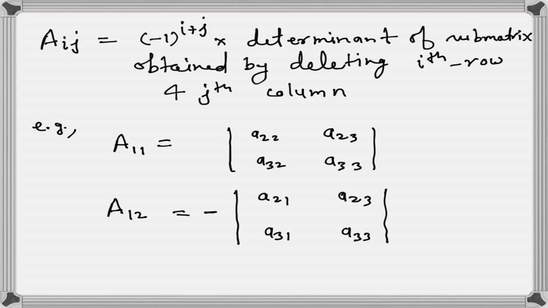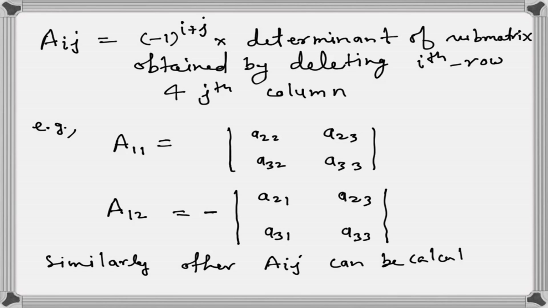So this is the minus sign. Similarly, other Aij can be calculated. So to find the adjoint A, we just first calculate all these cofactors, and then we form a cofactor matrix and take its transpose. That will be the adjoint of A.